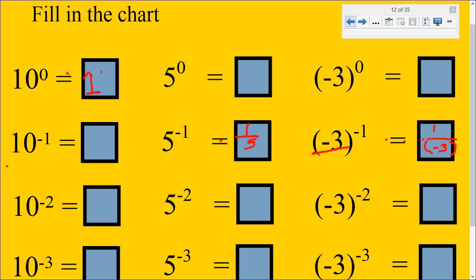So we're going to put just a 1 on top of that. So remember, we put a 1 underneath here, and we just turn it upside down, getting rid of the negative exponent and changing that to a positive exponent, 1, which we don't have to write.